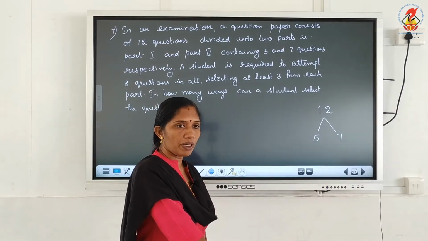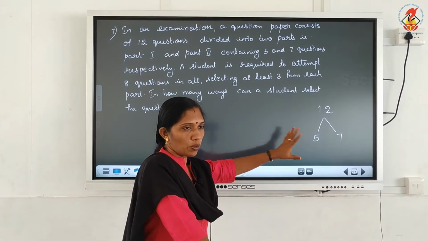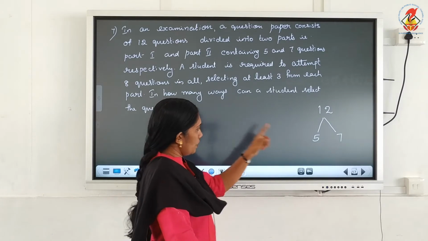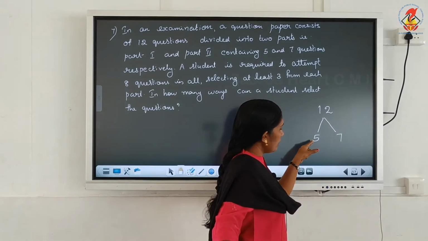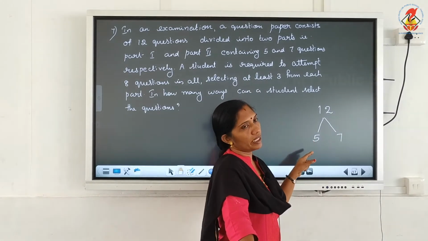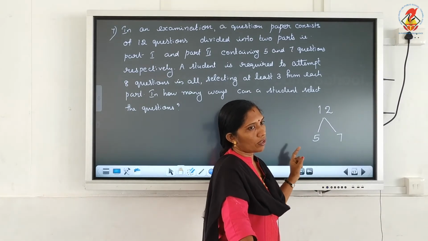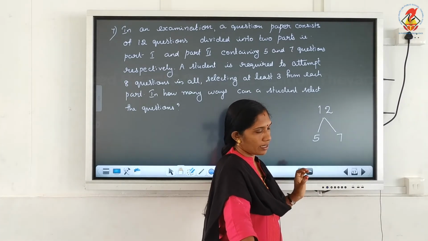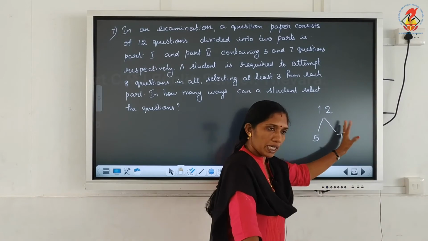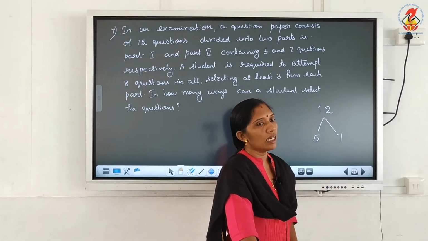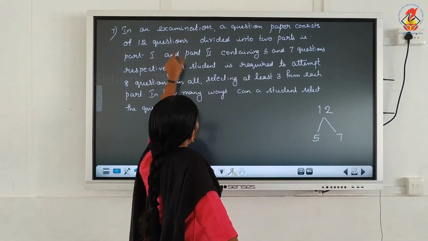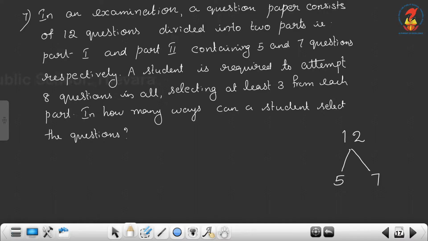At least 3 from each part means 3 or more. So there are 2 parts. At least 3 from part 1 means 3 or 4 or 5. At the same time you have to take from part 2 also, because the student has to attempt 8 questions in total. So we can take different cases.